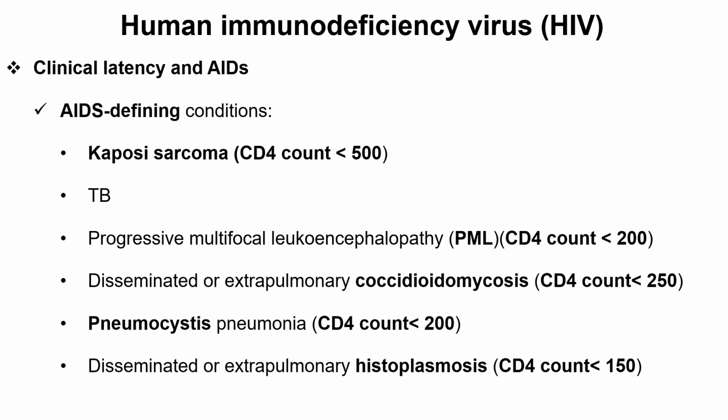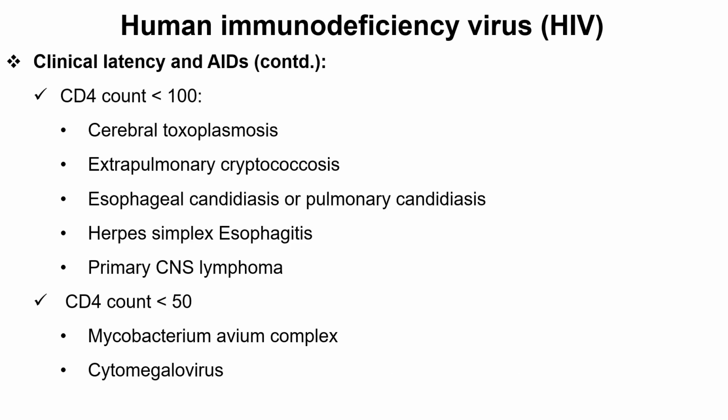Kaposi sarcoma with a CD4 count of less than 500, tuberculosis, progressive multifocal leukoencephalopathy, disseminated or extrapulmonary coccidioidomycosis, pneumocystis pneumonia, and disseminated or extrapulmonary histoplasmosis are the AIDS defining conditions.